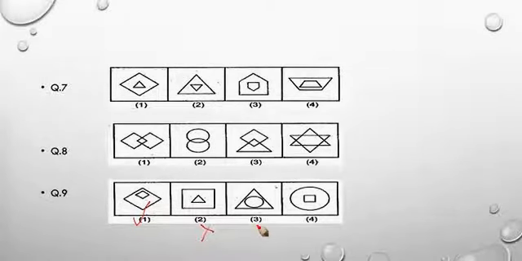In case of problem figure 3, inside is a circle, outside is a triangle. So both the designs are different. Now let's check problem figure 4. In problem figure 4, inside is a square, whereas outside is a circle. So both the designs are different. So in this case, clearly the answer to question number 9 is 1.